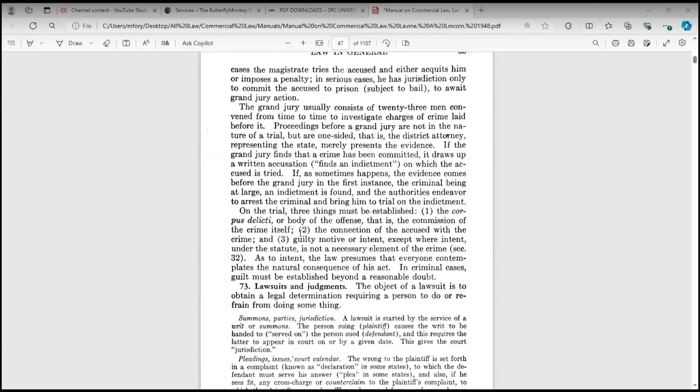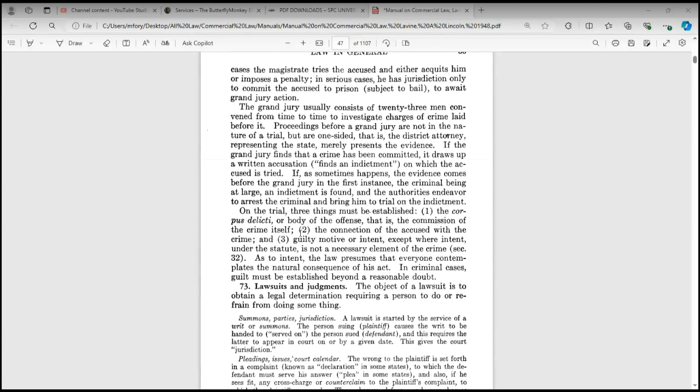On the trial, 3 things must be established. 1, the corpus delicti, or body of the offense, that is, the commission of the crime itself. 2, the connection of the accused with the crime. And 3, guilty motive or intent, except where intent under the statute is not a necessary element of the crime.